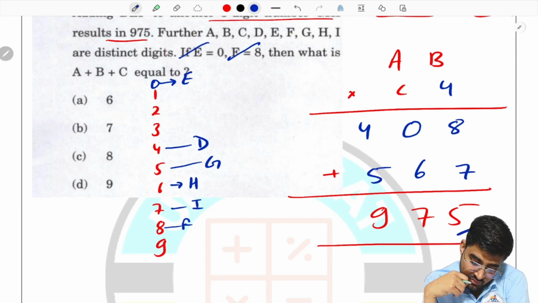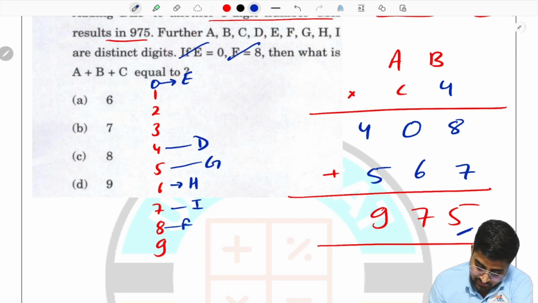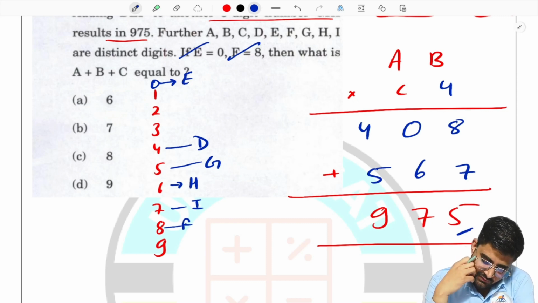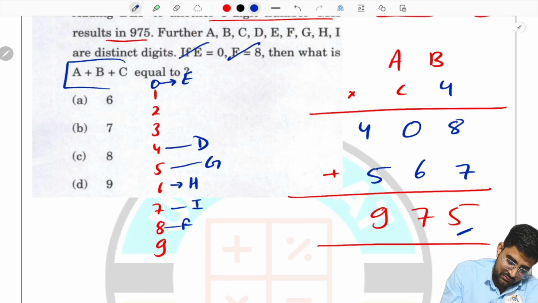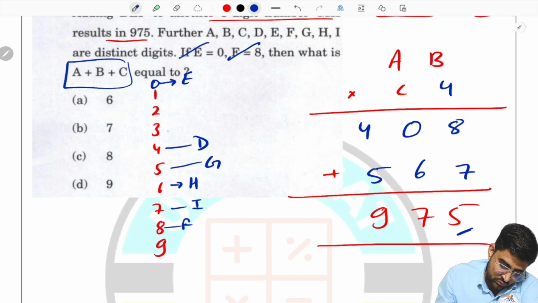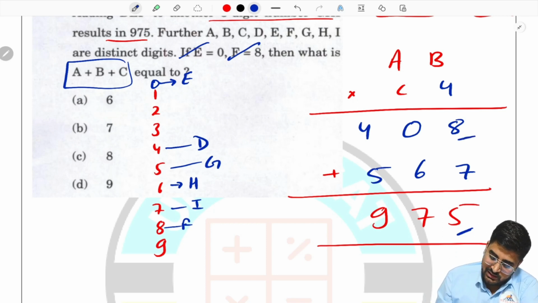Now we have A, B and C left, and we have to calculate the sum of A, B, C. We have 4 digits left: 1, 2, 3 and 9. Let's try to solve. We need unit digit 8 here.